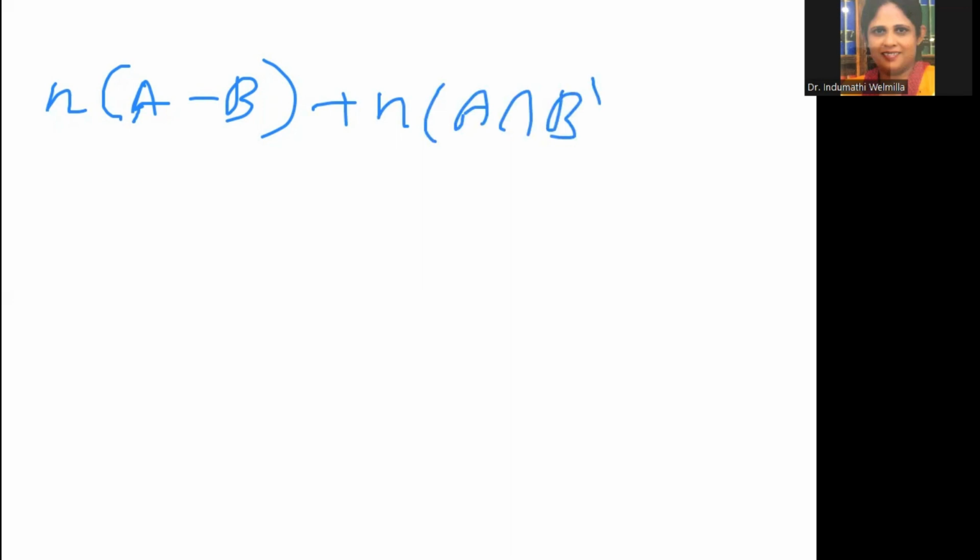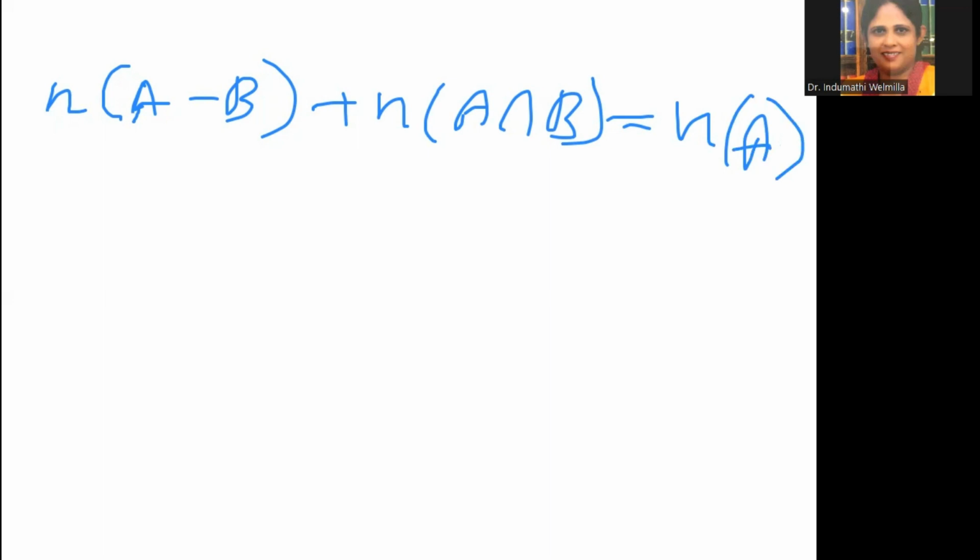And another one is when we deduct. So n(A minus B), when we deduct B from set A, plus n(A intersection B) always equal to n(A). Okay, it's very clear. All right.